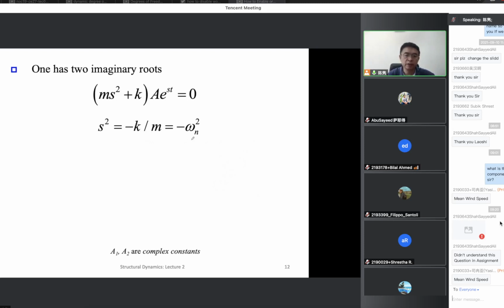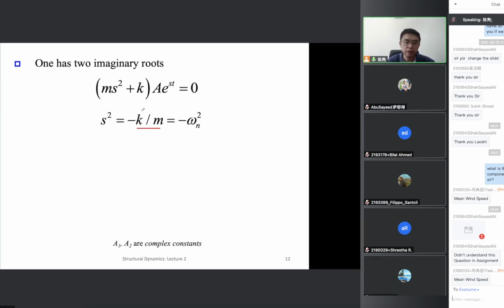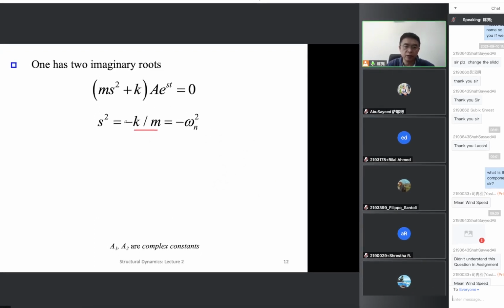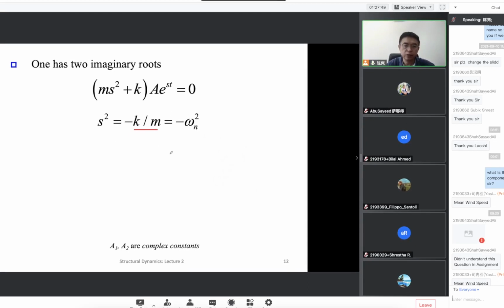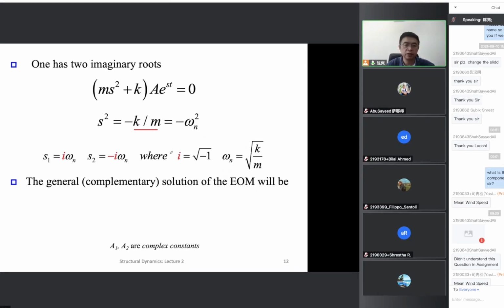If we define k divided by m as omega n squared, then we have two imaginary roots for this system: s1 equals i omega n, s2 equals minus i omega n.